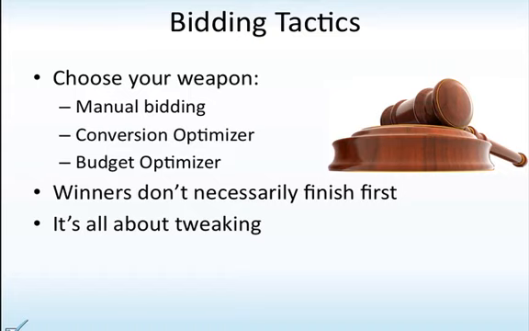The conversion optimizer is basically a half and half between you controlling the bidding and you letting the search engine do it. And finally, the budget optimizer is all search engine. Basically, with whatever budget you give to the search engine, it's going to run with it.